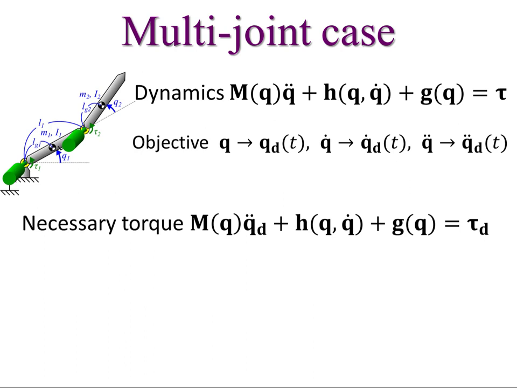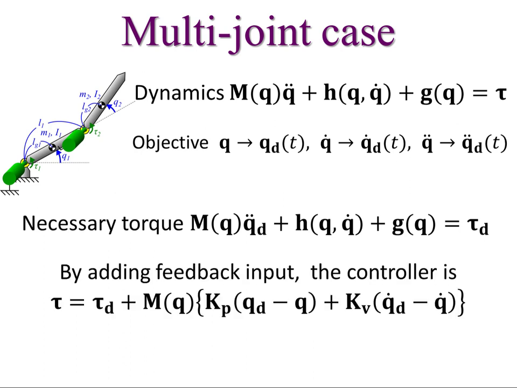However, tracking the joint angular acceleration vector alone cannot achieve the control objective regarding the joint angle and angular velocity. Therefore, let's add error feedback terms as in the basic computed torque method.